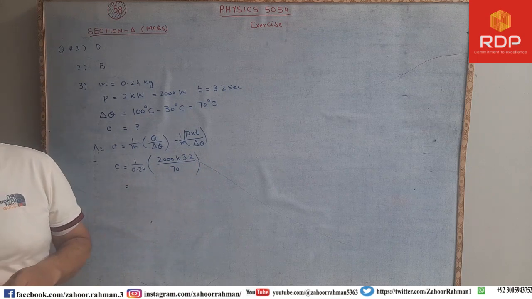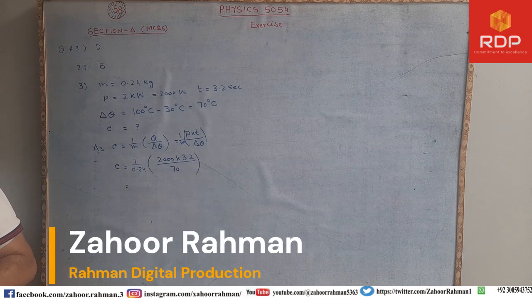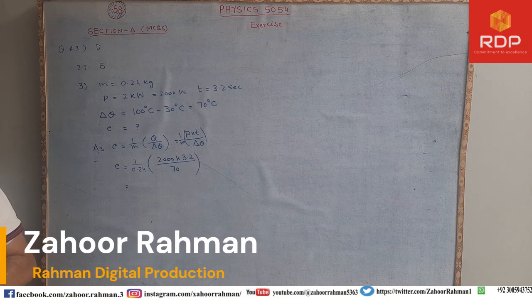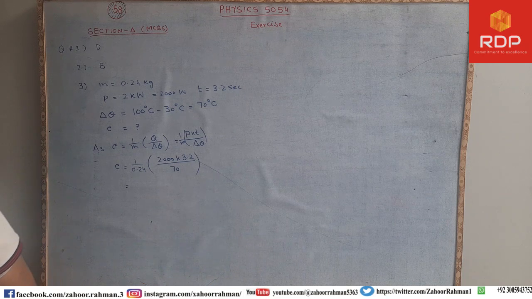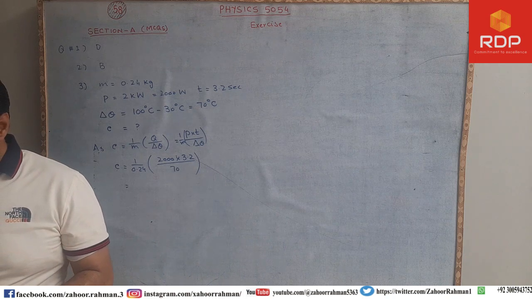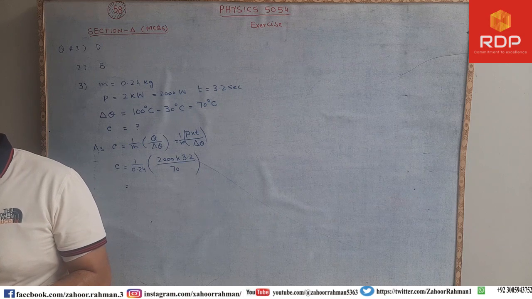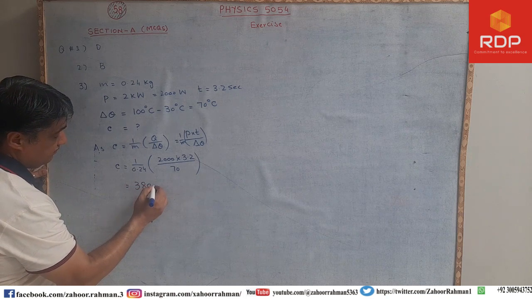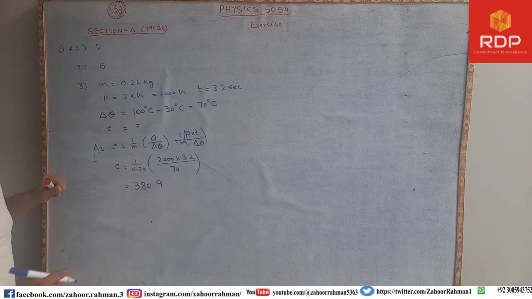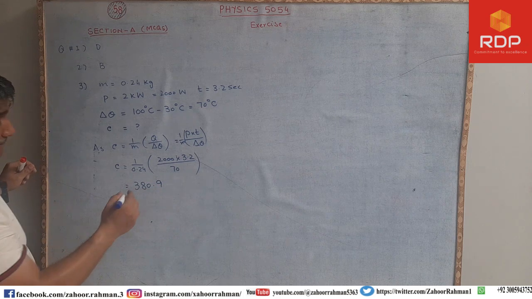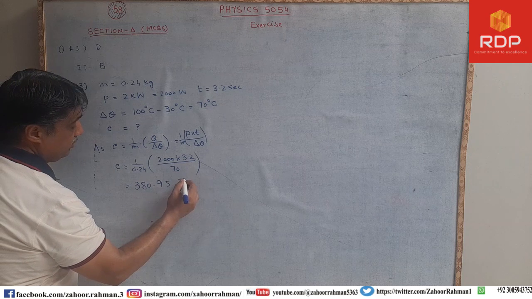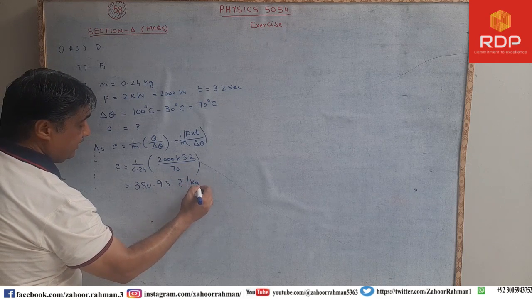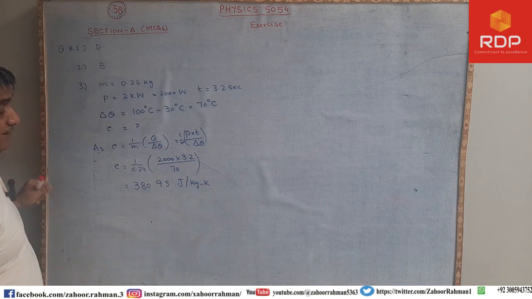If we calculate all these things, then we will get 380.95 joule per kilogram per Kelvin.